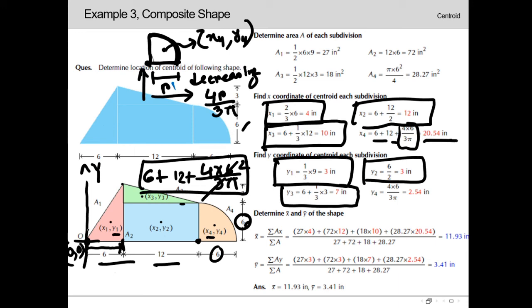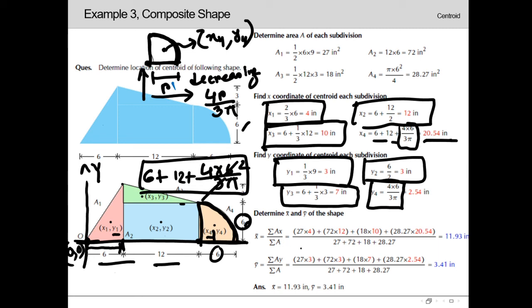But while moving along the y-axis, the segment is also decreasing, so it will be 4r by 3 pi. It will be only 4 times 6 divided by 3 pi. Now we have already got x1, x2, x3 and x4, y1, y2, y3 and y4.